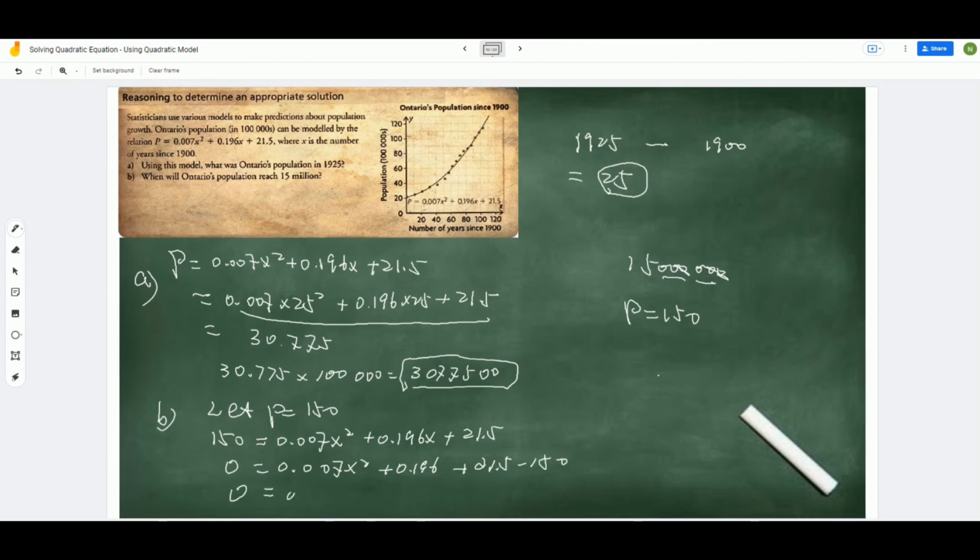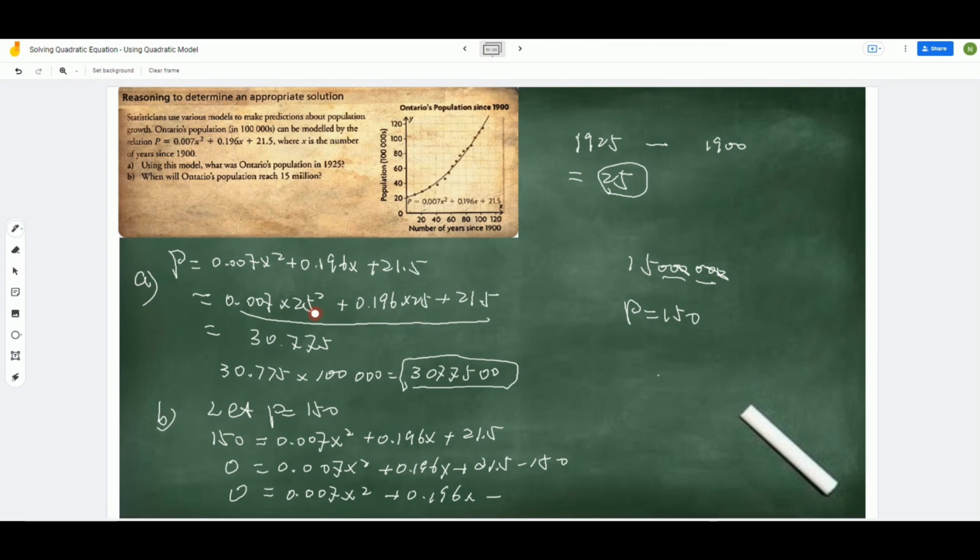We continue: 0.007 x squared plus 0.196x, and I already used the calculator. That is negative, since we subtract from 21.5, so it should be negative.